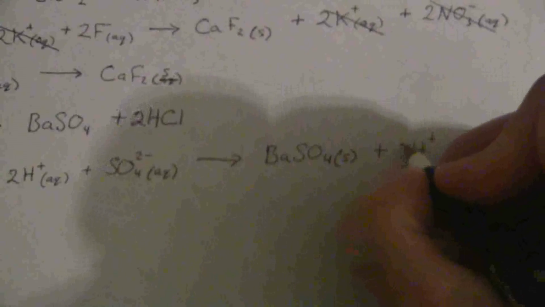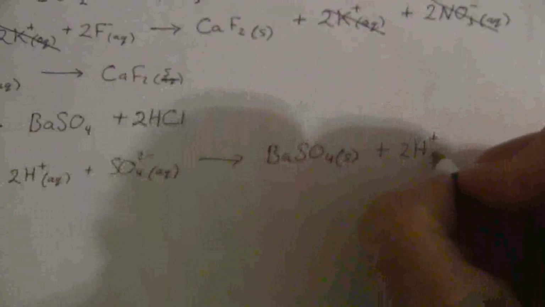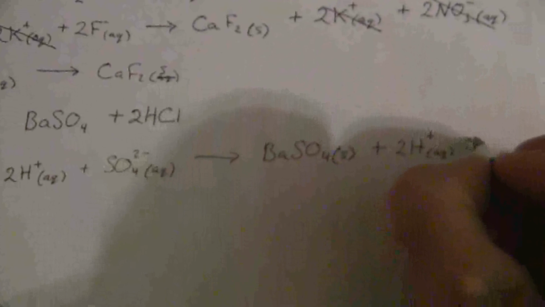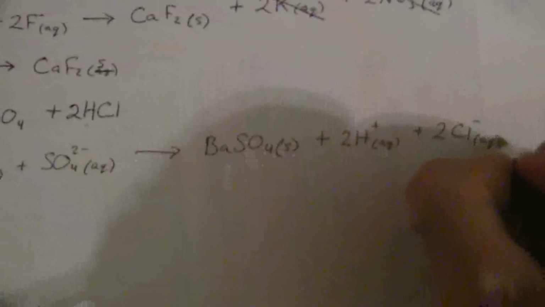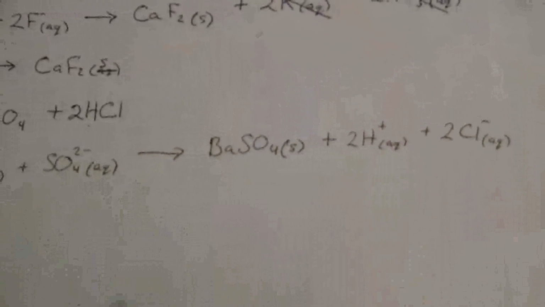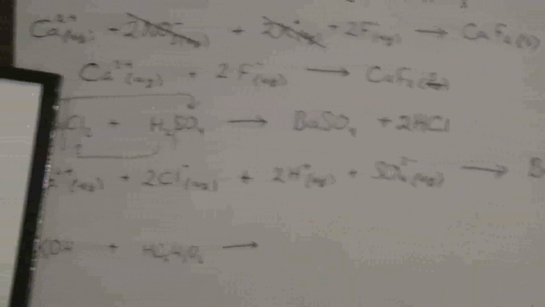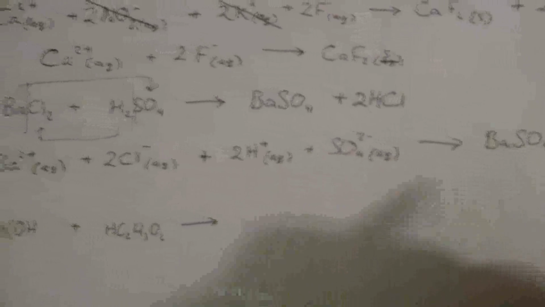And so we have 2 hydrogen ions, which are aqueous, and 2 chloride ions, also aqueous. All right? So that's our complete ionic equation.